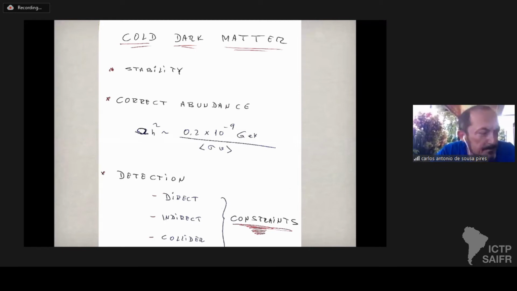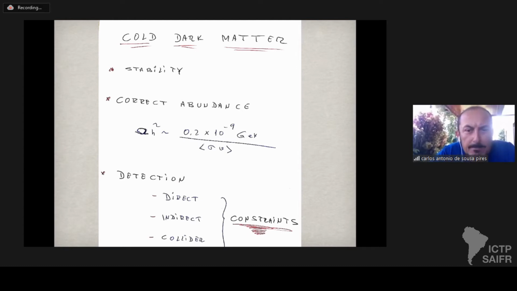If you want to work with cold dark matter, the first thing to do is to find a candidate and present a symmetry. This symmetry must guarantee stability of the candidate. Once you have that, the next step is to calculate the abundance. Calculating the abundance for cold dark matter is currently very simple, even simpler if you have cold dark matter in the form of a WIMP.